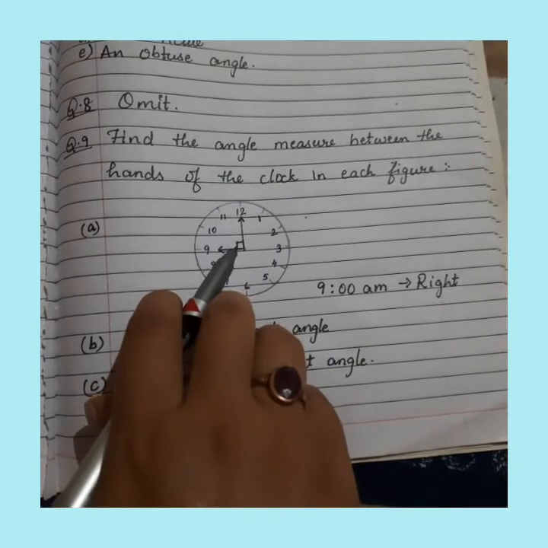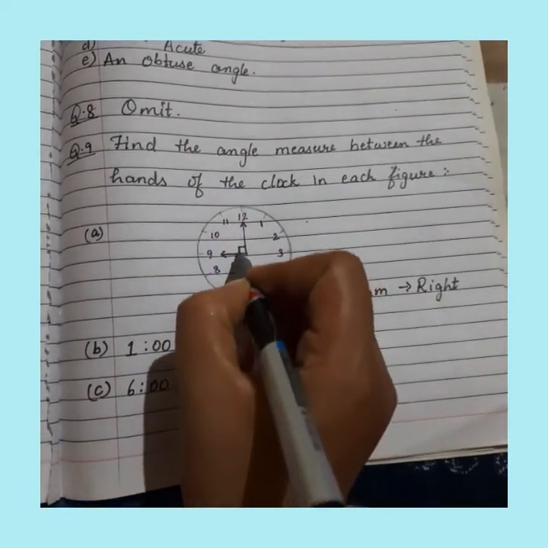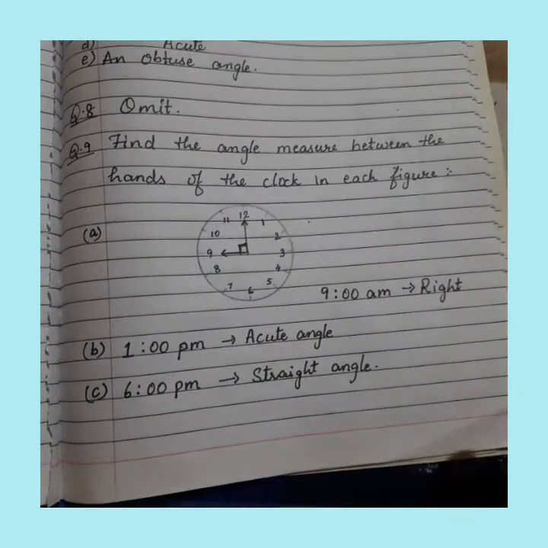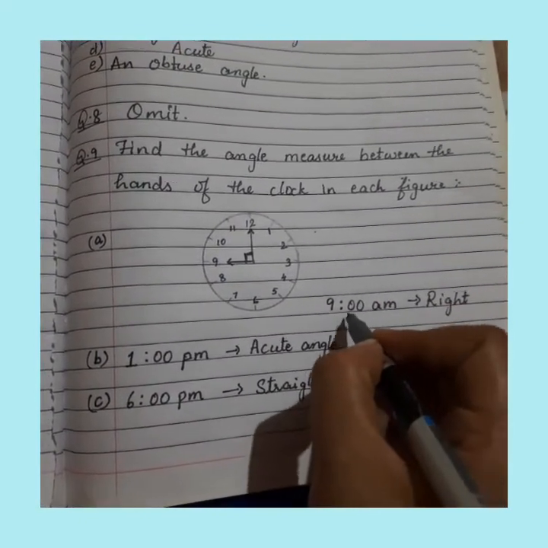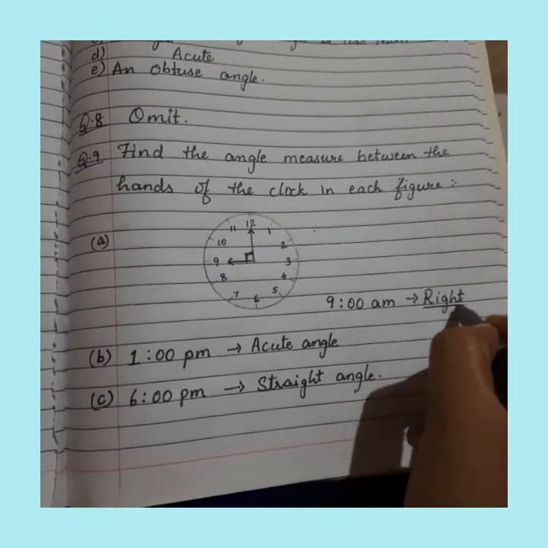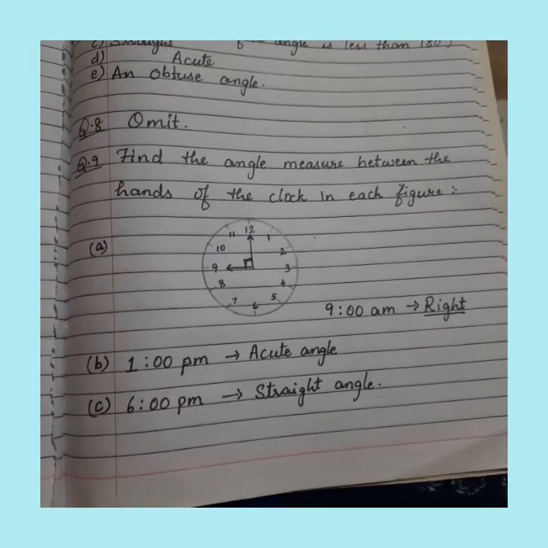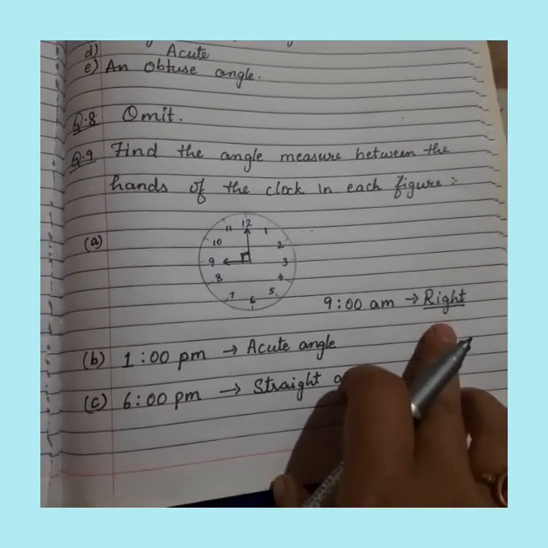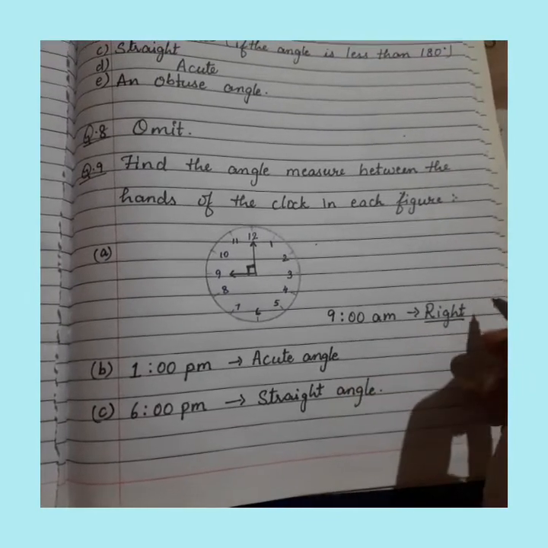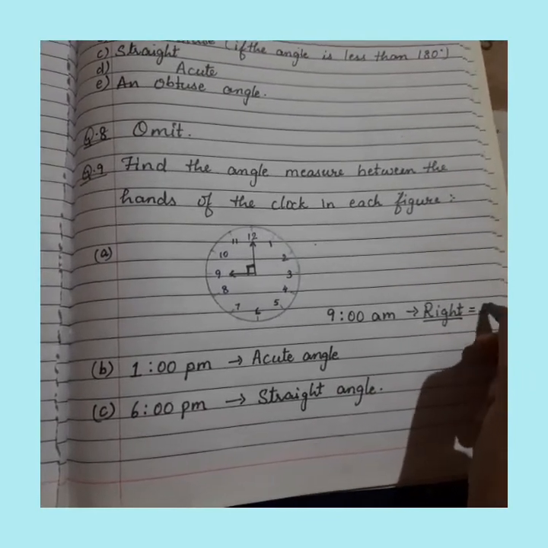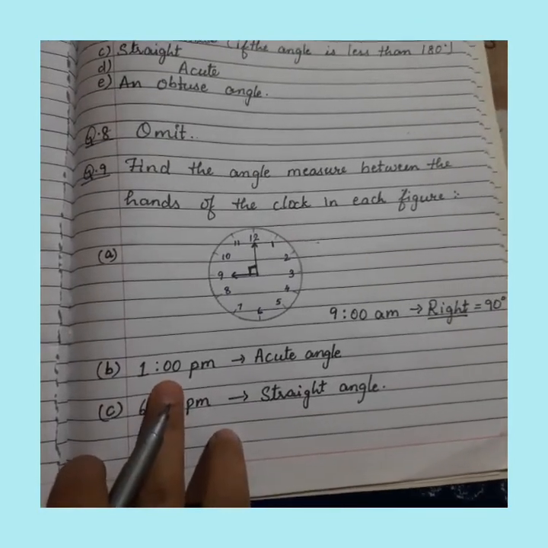So you can clearly see here it is making an angle of 90 degrees. So we can say it is 9 AM which shows the angle of 90 degrees, that is a right angle, equal to, you can write here as 90 degrees.